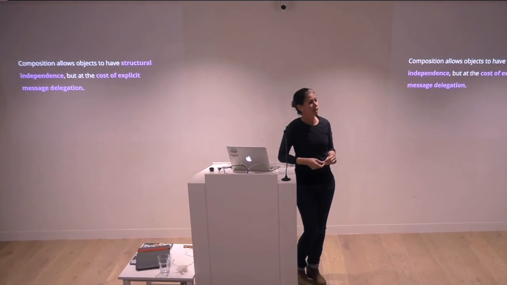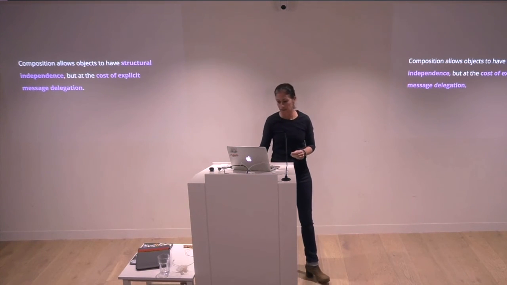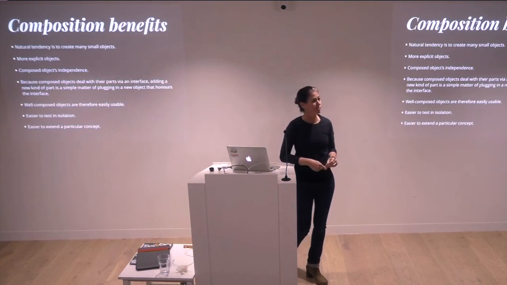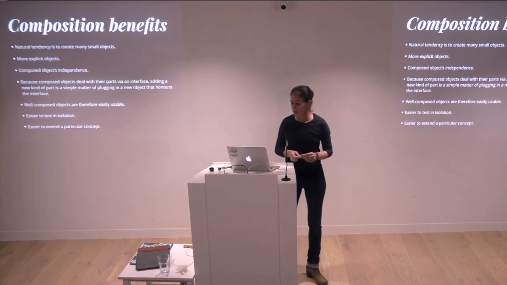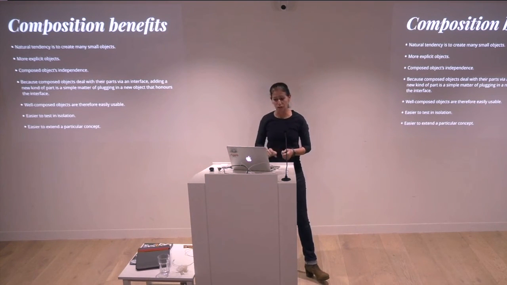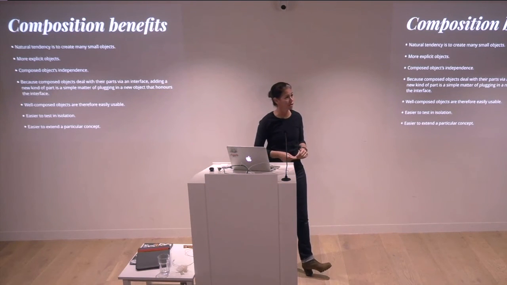Composition, on the other hand, allows objects to have structural independence, but at the cost of explicit message delegation. So let's look at some benefits of composition. When you use composition, you have a natural tendency to create many small objects that contain straightforward responsibilities and that are accessible through clearly defined interfaces.